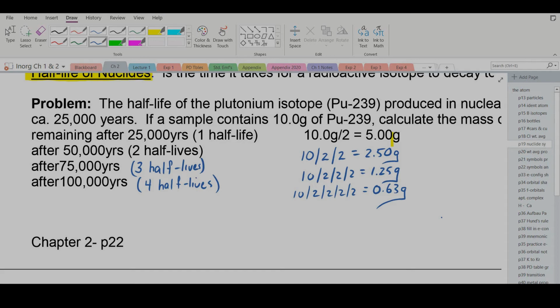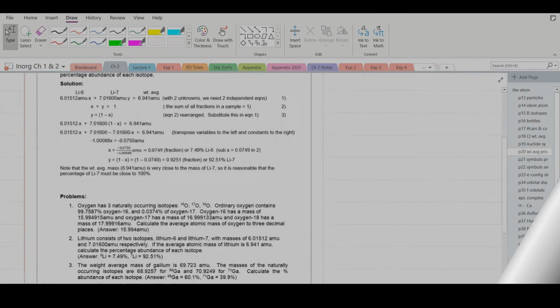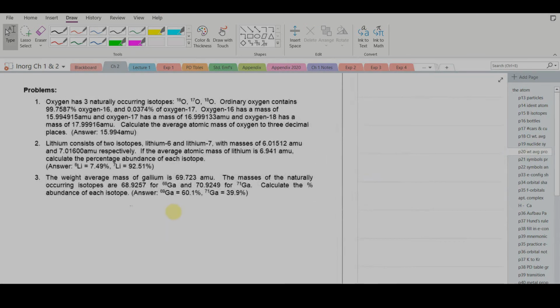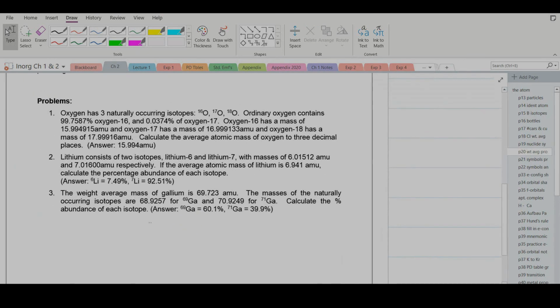All right, let's look at page 20. There are some problems for you to do on page 20, and I think I'm going to do them with you here now. Oxygen has 3 naturally occurring isotopes, oxygen 16, 17, and 18.